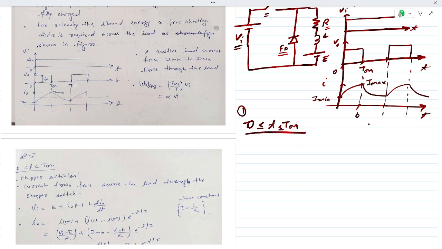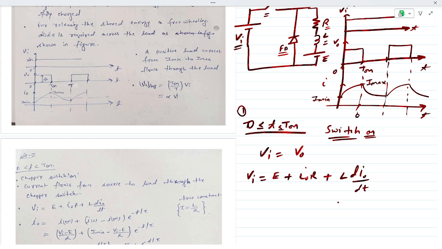Let's say this is the first mode of operation. What is happening? The switch is on. So all the input voltage is appearing across the output, and the output comprises R, L, and E. So we can write directly Vi is equal to E plus I naught into R, the voltage drop across this resistance, plus the voltage across this L, which by formula is L di naught by dt.